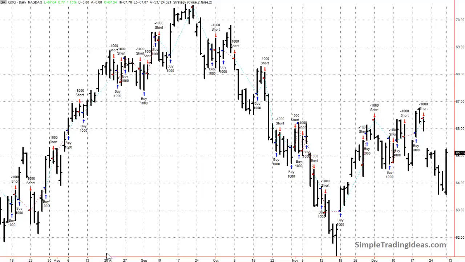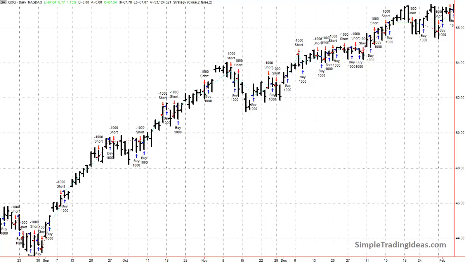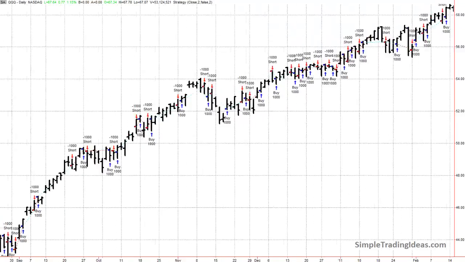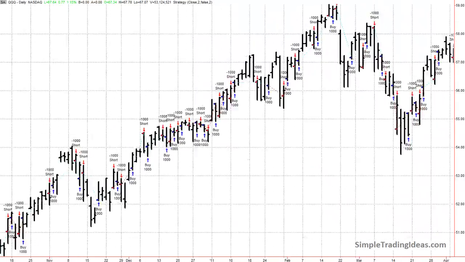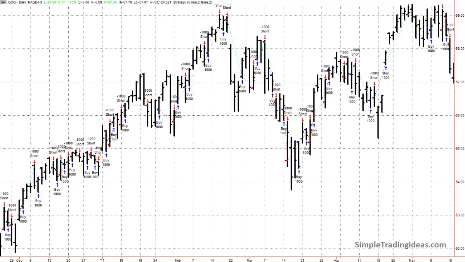So we're going to pop back through here for a bit. There are periods here where you can see a lot of trades being taken, right? We do a lot of back and forth, a lot of back and forth. And this is a very short moving average.